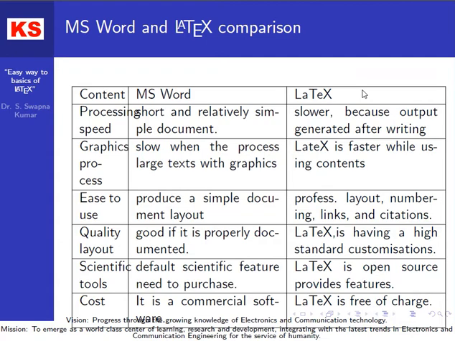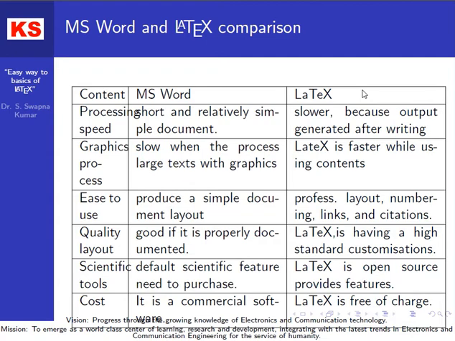Moreover, when you see the graphic processing, Word becomes slow when it processes a large text with graphics. The program breaks the process while writing. But LaTeX is faster with such content, and it executes fast.